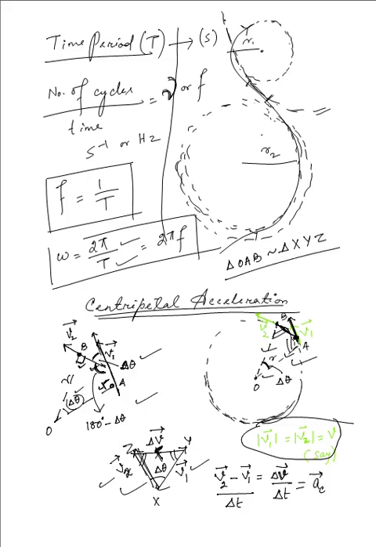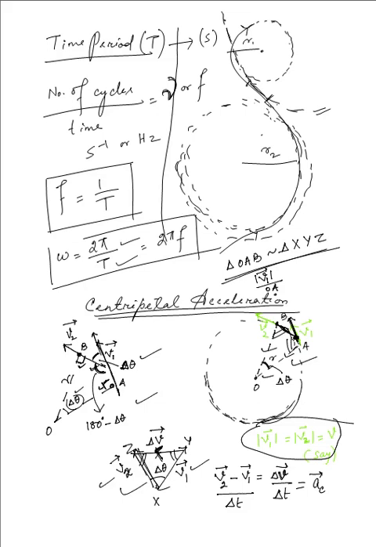With that similarity available to us, the ratio of the sides must be equal. So with the sides considered, the V1 side, which has the magnitude V1, divided by the side corresponding to that, OA in the OAB triangle.